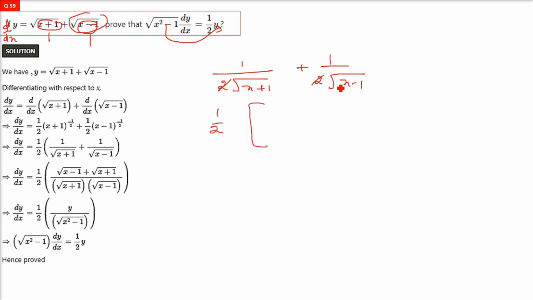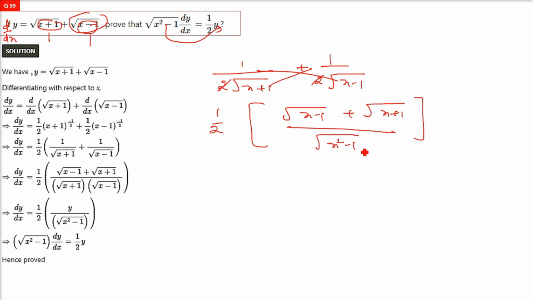I am taking half common now. So under root x minus 1, I am taking LCM inside, and this is going to be plus under root x plus 1. In the denominator, we will get under root x plus 1 into under root x minus 1, and that is going to be under root x square minus 1 square, which I already told you.